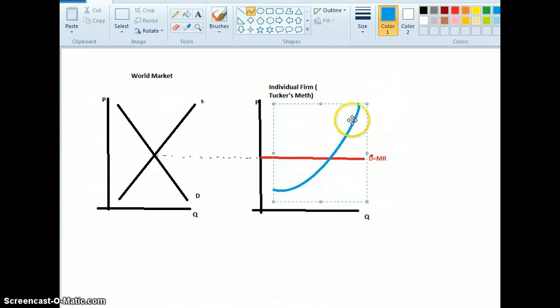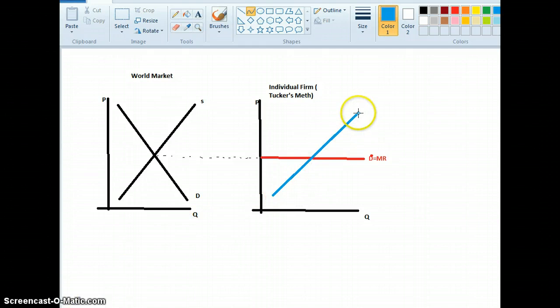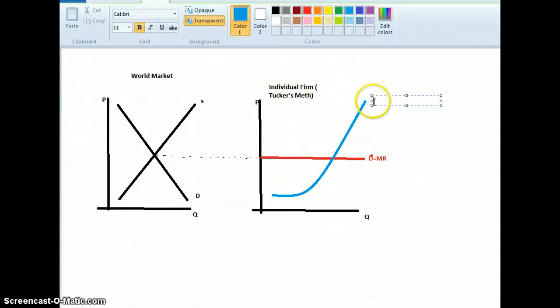We'll label this. Sorry about that. Marginal cost.